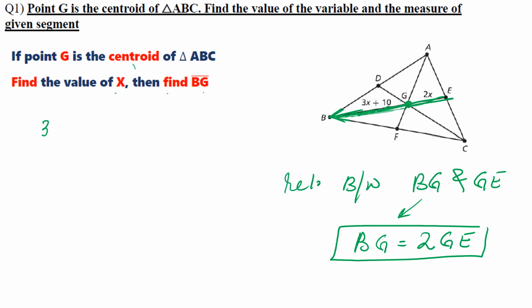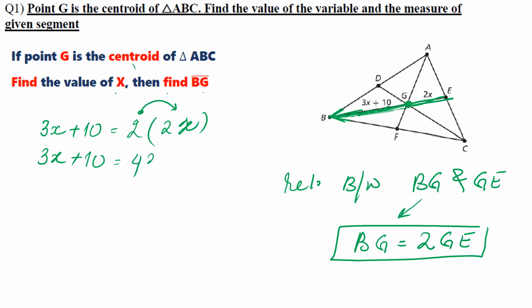Keeping this in mind, I will write BG. BG is 3x plus 10 equals 2 times GE. GE is 2x. Now it's like a problem of 7th grade, so we can solve it. 3x plus 10 equals 2 times 2x, open the bracket using the distributive property, it is 4x.